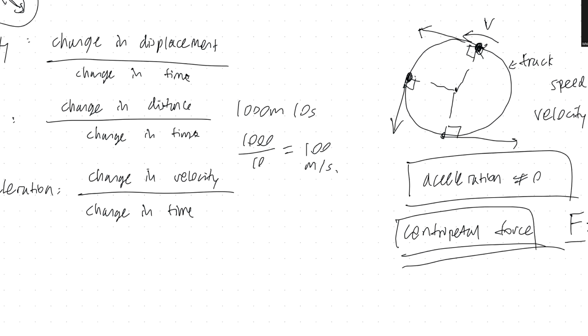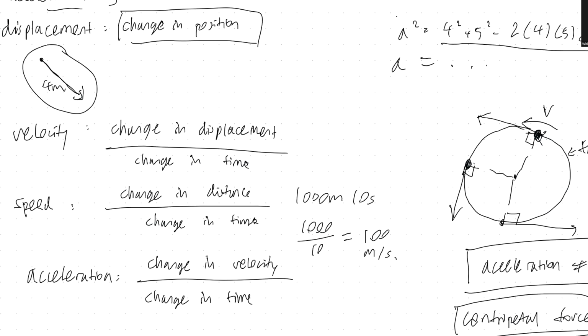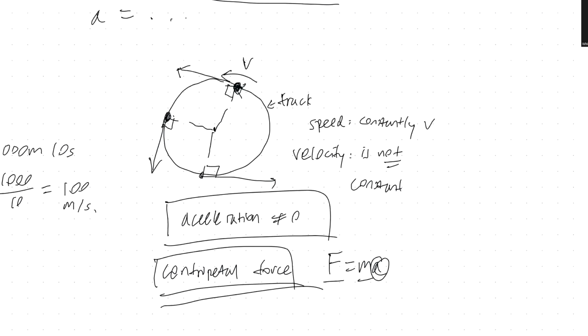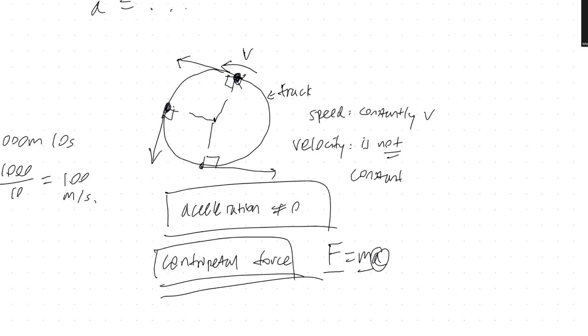All right, so just to summarize again, our displacement is your change in position. Velocity is the change in displacement over the change in time. And the acceleration is the change in velocity over change in time. And again, these quantities all have directions associated to them. So therefore, they are vectors and not simply scalars like your distance and speed. This difference is quite important, as you saw in the circular motion example, where your object can have a constant speed but a non-zero acceleration, which requires a centripetal force to provide for it.